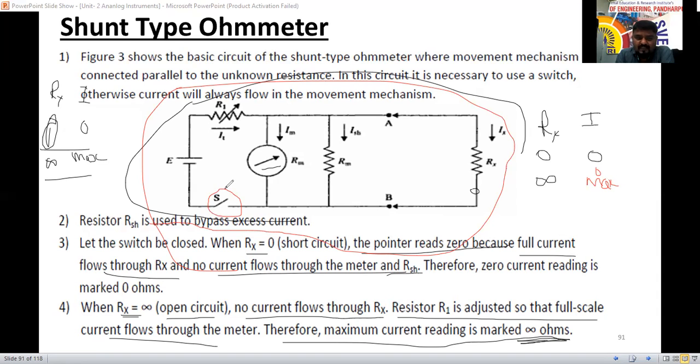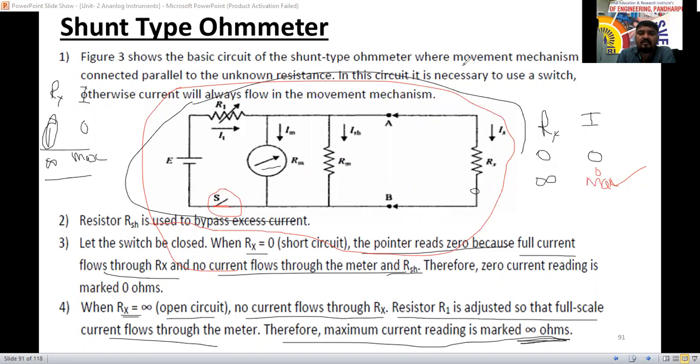For an open circuit, is there any current flow? No. First, for the closed switch condition, you have to close the switch, then the current is maximum. If it is open, then you have to consider it as 0 only. So the same thing I have told: if Rx equals 0, current will be 0 by closing this switch, and if Rx is infinity, the current is maximum.